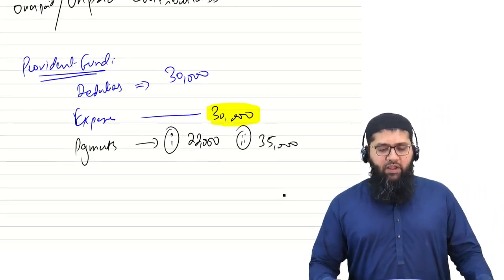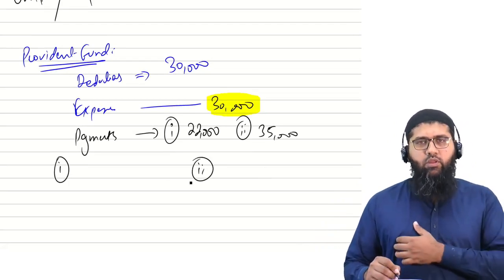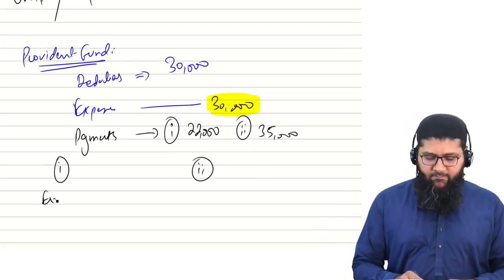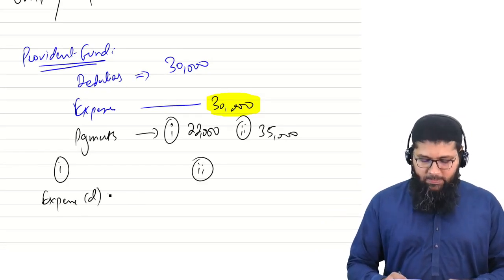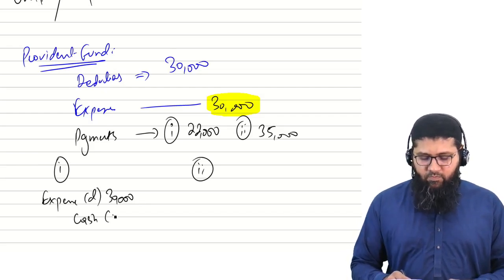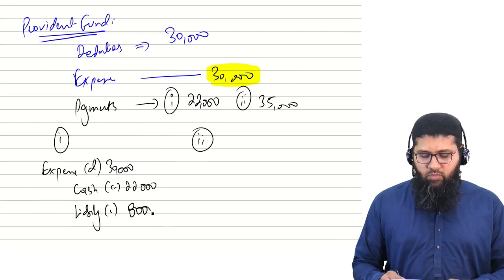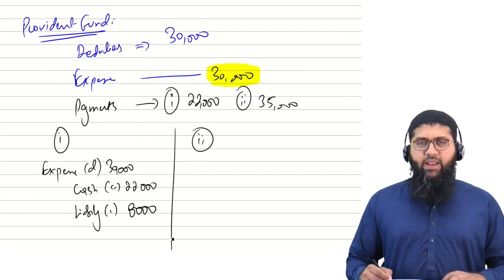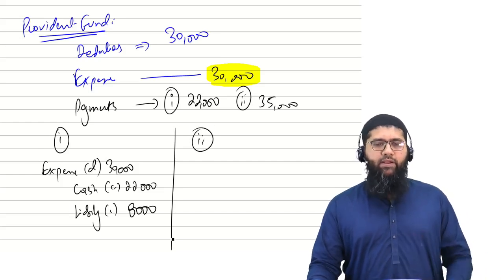So in case number 1, you would say expense debit by 30,000, cash credit by 20,000, liability credit by 8,000.